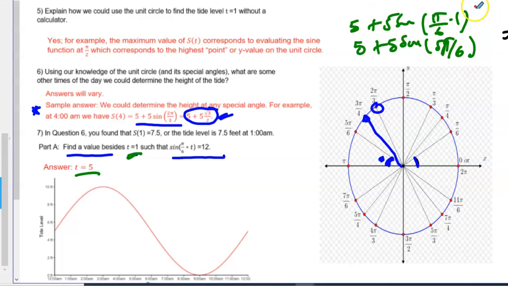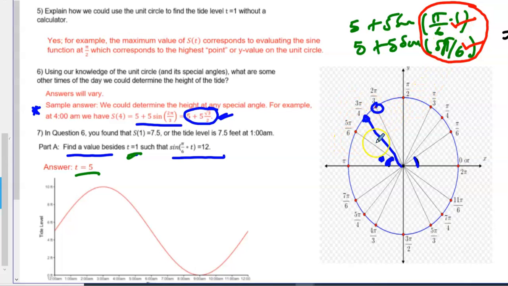Provided these parts of the expressions, pi on 6 and 5 pi on 6, give us the same values, then we have found a value besides t equals 1 that gives us the same answer.